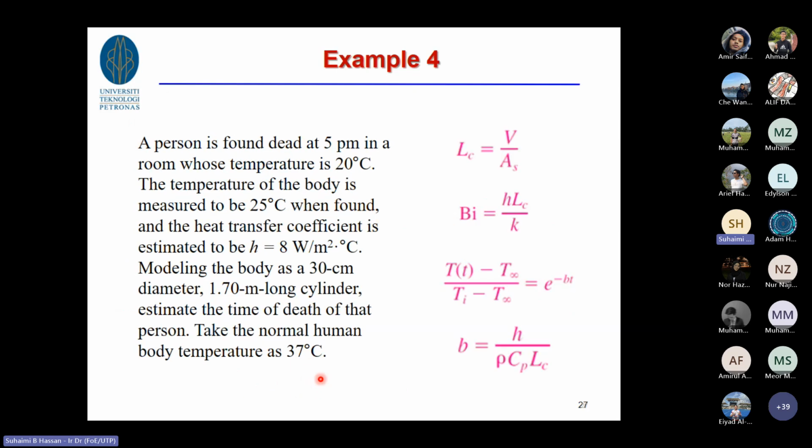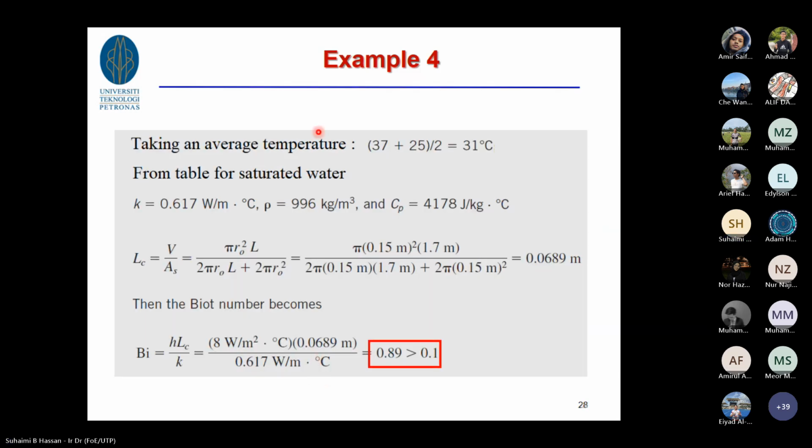So they go for the Biot number. The LC is 0.06. They use the low equation; you can use V over S. You can use for the cylinder D over 4. You get more or less the same. And then the Biot number we calculate, you get 0.89.